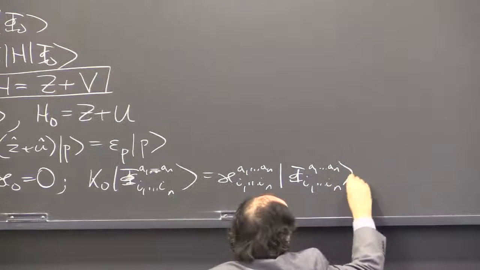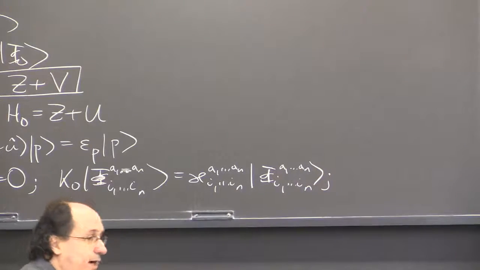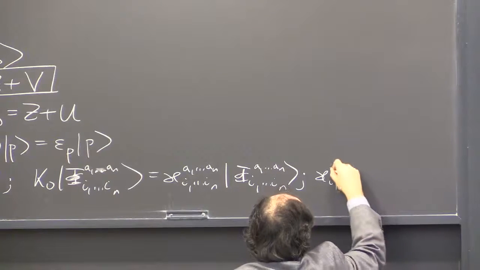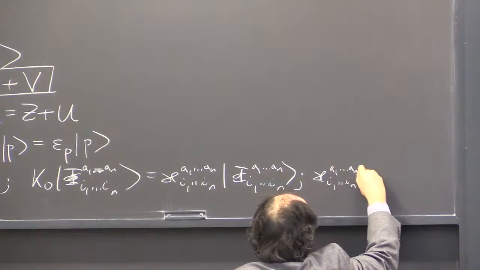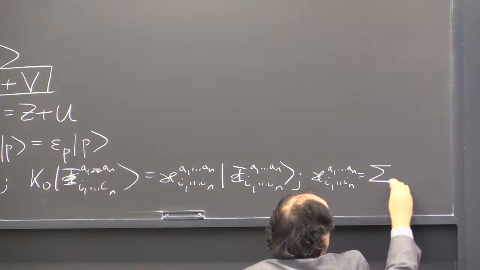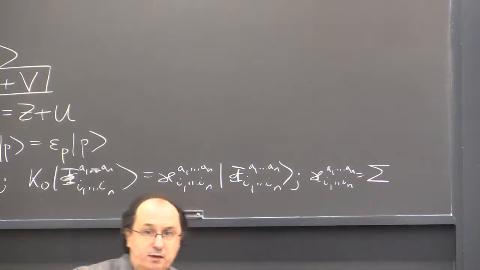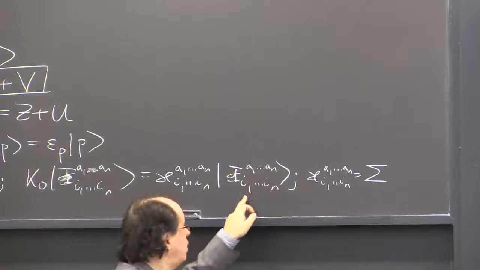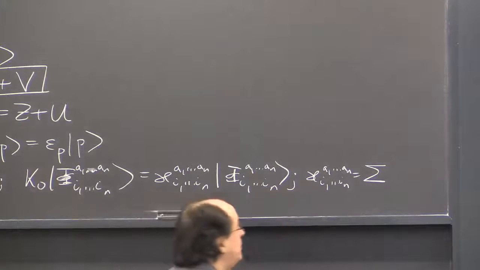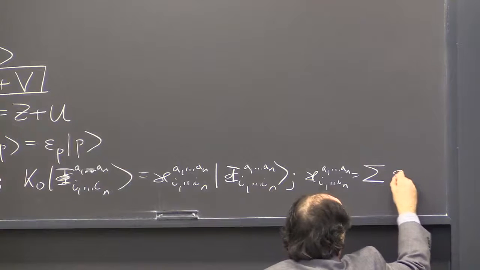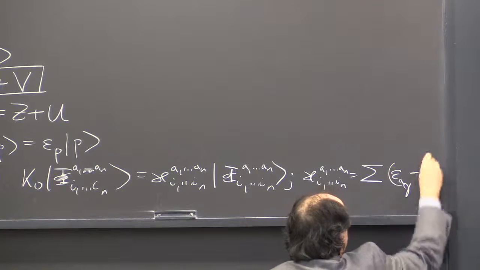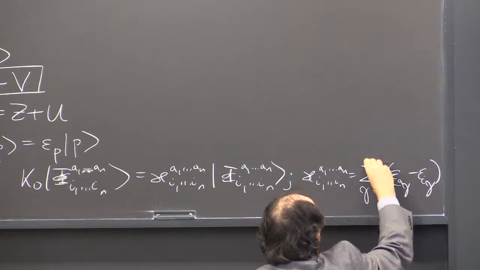And we proved that these kappas are very easy to determine. They are simply sums of the single particle energies corresponding to particle states a and hole states i. You just have to form the proper subtraction. So you take epsilon a gamma minus epsilon i gamma, and run it over gamma from 1 to n.